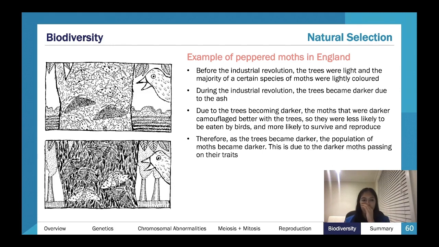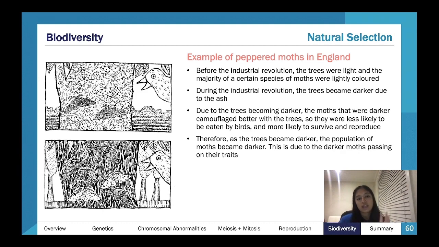The second thing you talk about is this idea of this environmental pressure. So you have your predator and this idea of camouflaging in the background. So you've got your black moths, which are camouflaging more. They are less noticeable to the predator. The predator is more keen to eat these white moths because they're more visible.